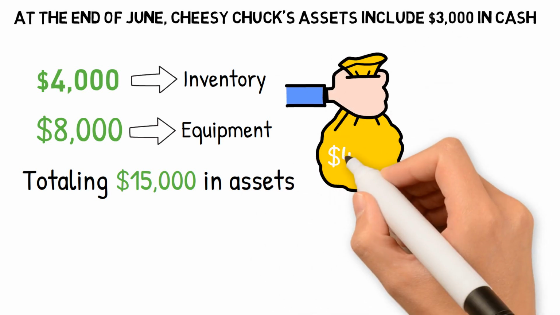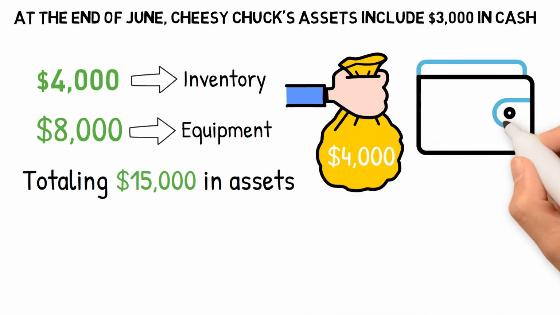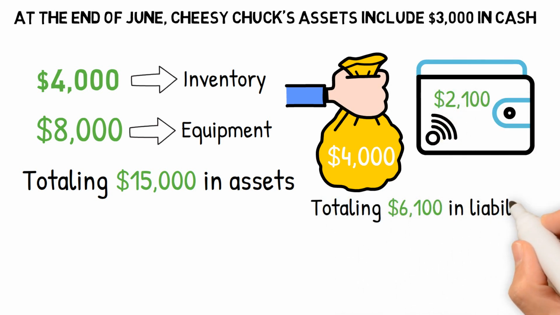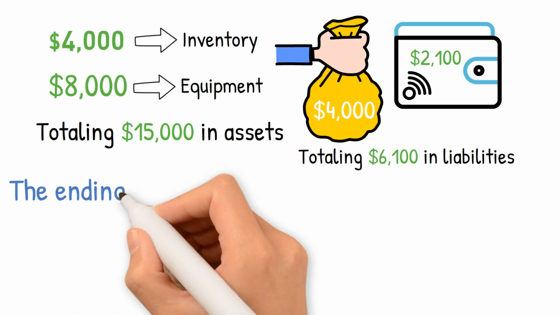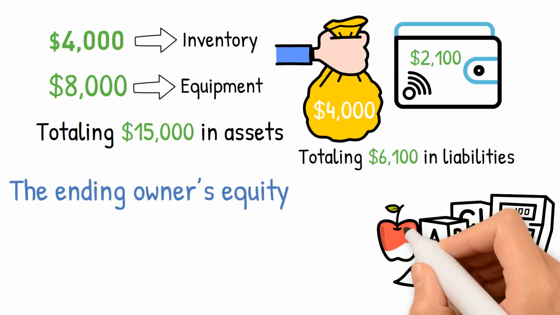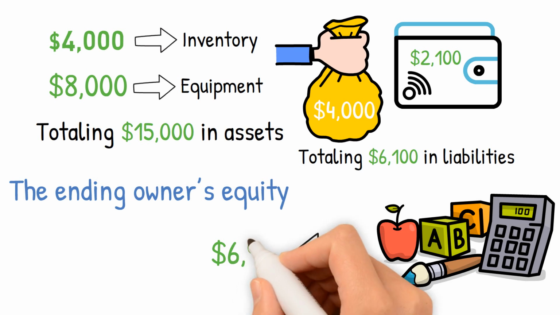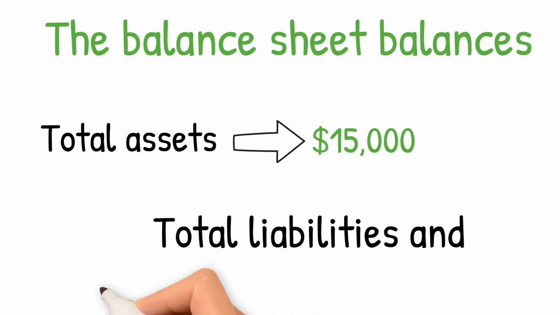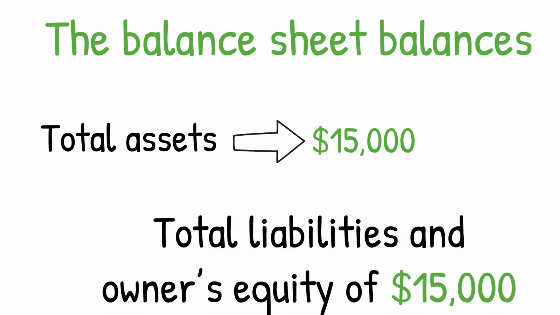Liabilities consist of a $4,000 loan and $2,100 in accounts payable, totaling $6,100 in liabilities. The ending owner's equity, as calculated from the statement of owner's equity, is $6,900. Thus, the balance sheet balances, with total assets of $15,000 equaling total liabilities and owner's equity of $15,000.